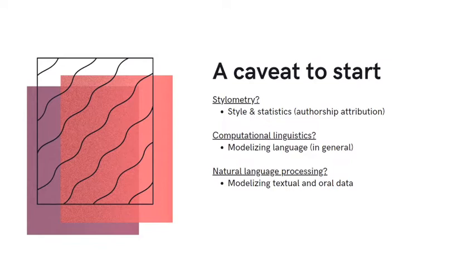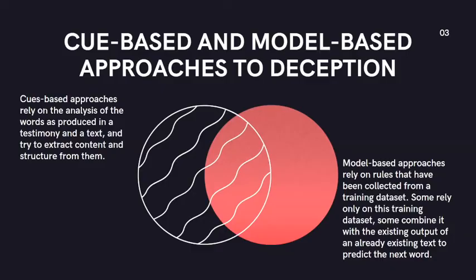To start very broadly, deception detection based on computational linguistics relies on two main principles. You have cue-based and model-based approaches to deception detection.